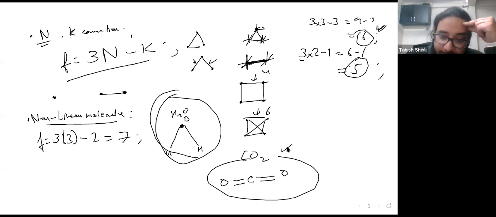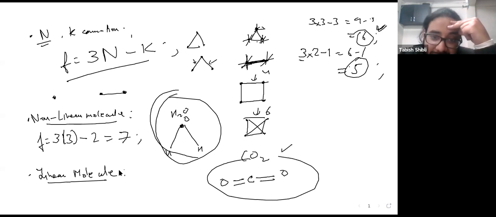Calculate for a linear molecule, कितना होना चाहिए? For a linear molecule, you will understand why this is important in just a minute. Sir, 5? Why 5? Sir, will it not be seven?